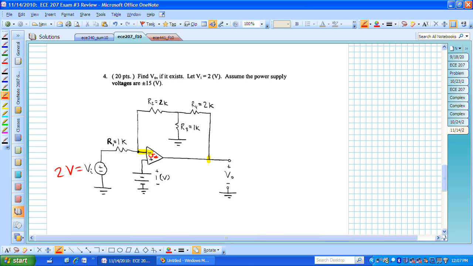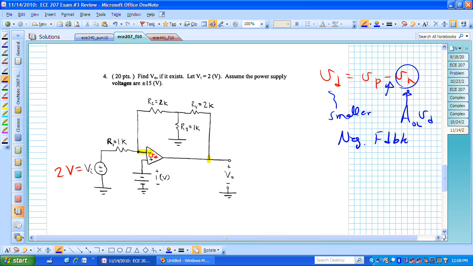Remember, V sub D is V sub P minus V sub N. The output comes in as A sub OL V sub D, and through that minus sign it causes V sub D to get smaller, so we have negative feedback in place.